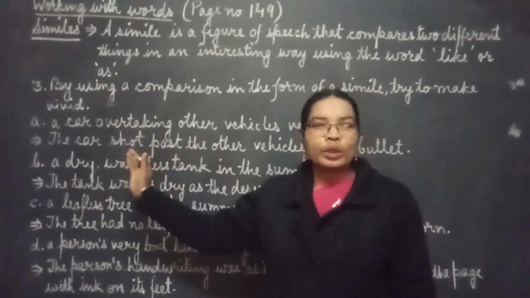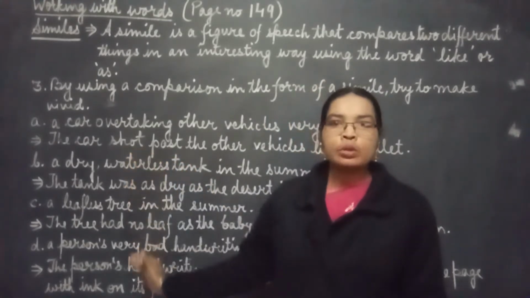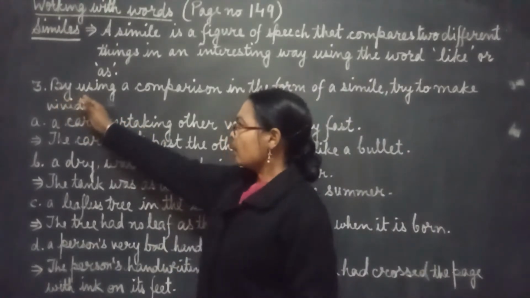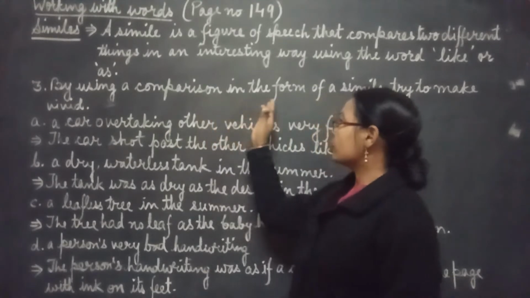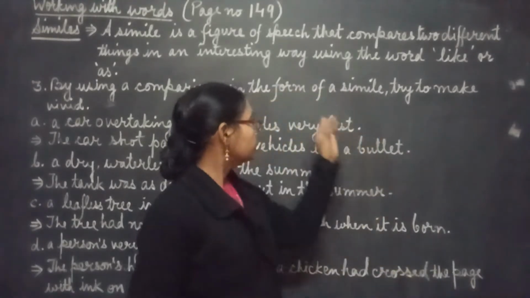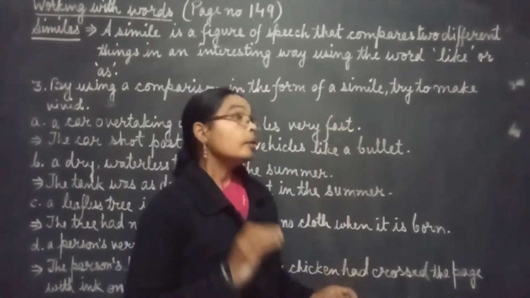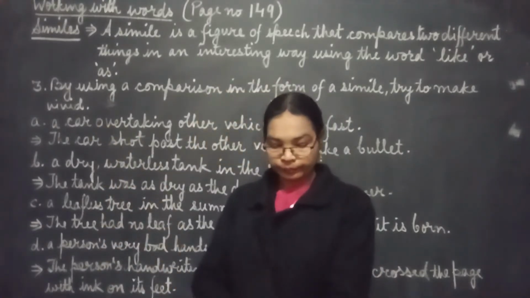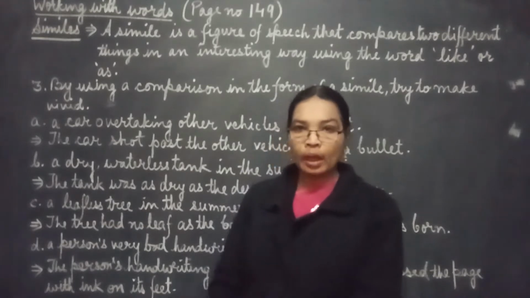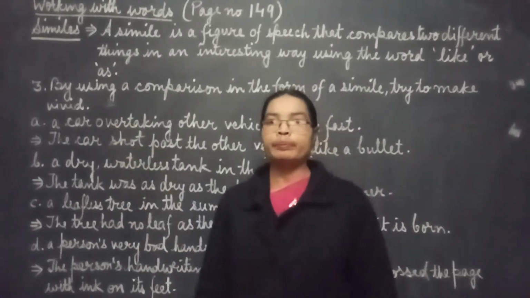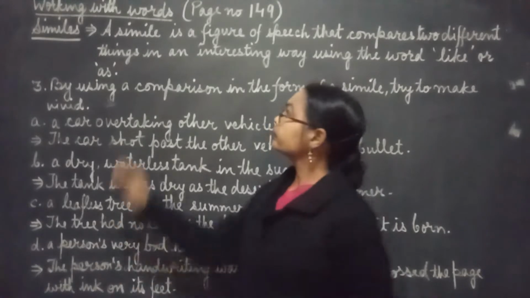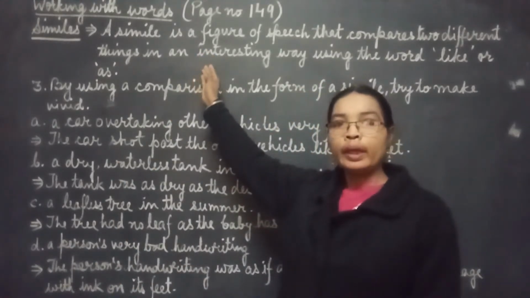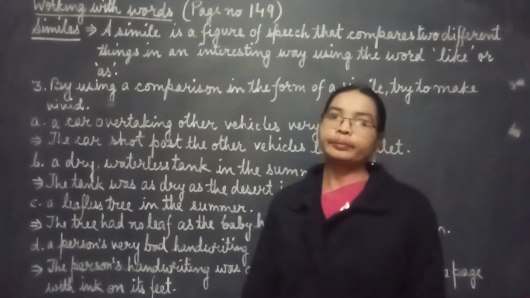Let's see what the question asks us to solve. In our question it is given: by using a comparison in the form of a simile, try to make it vivid. Now the word vivid came. Vivid means to say in an interesting way.